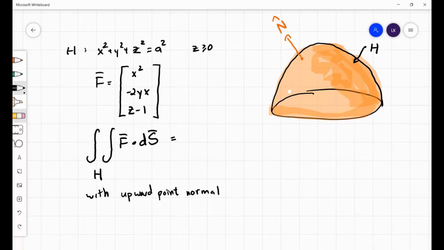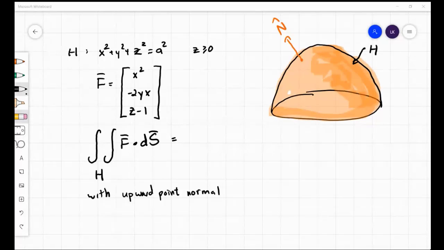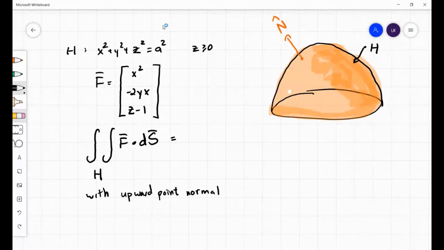But it would be better if we could use divergence theorem, right? But why can't we use the divergence theorem as things stand? It's not closed. All right, awesome, thank you.